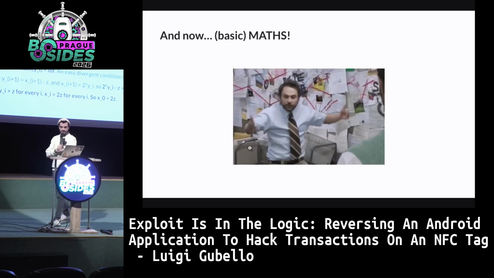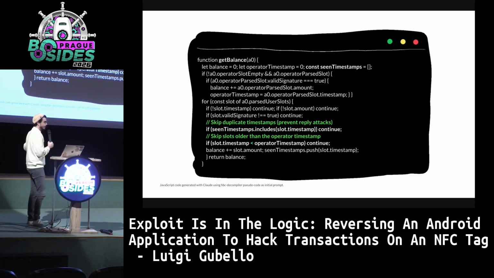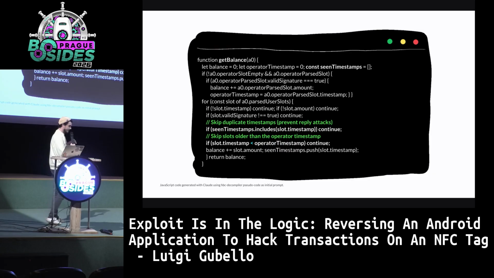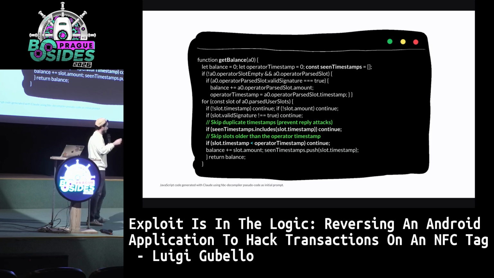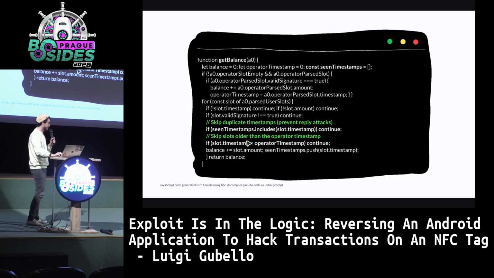What happens if I copy a transaction data written by the operator? For sure, it will pass this check and also this. So I cannot do a proper replication attack from the transaction data of the user, but I can do a replication attack copying the operator transaction data from their slot to my own one, because I can read them.